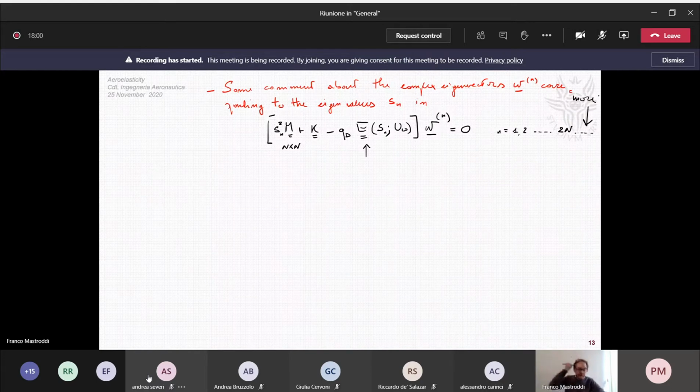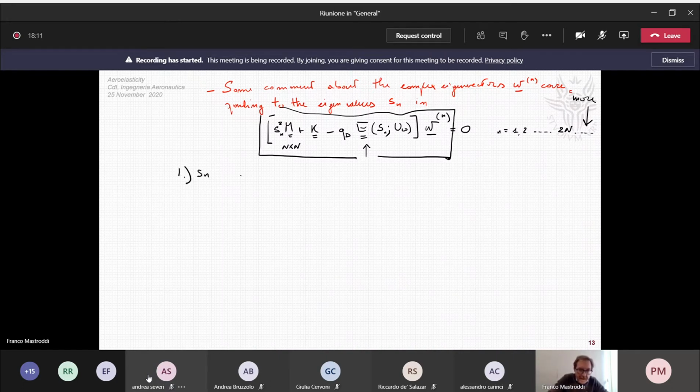However, we discussed the methodology for evaluating. The first step is the evaluation of Sn by taking the determinant of such a quantity in brackets and imposing it to be 0. Then we have a second step. We want to focus on this second step, the determination of Wn such that this is verified for all n.